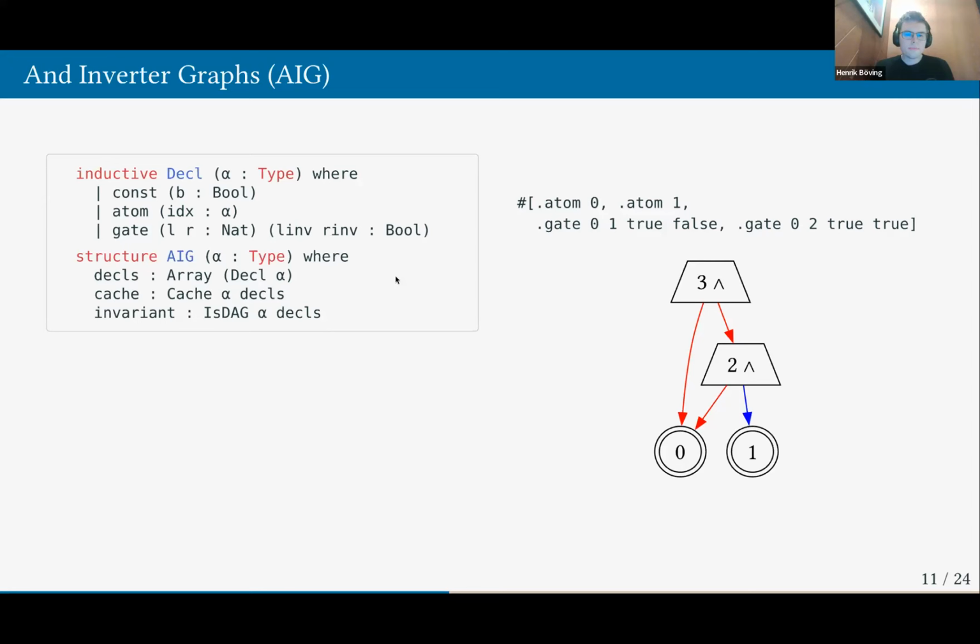And of course, this structure is mostly performant because of the in-place updates that we have in Lean, right? So the array here and the hash map underneath the cache will both be updated just like in an imperative programming language. So this is a very fast data structure to build circuits with.